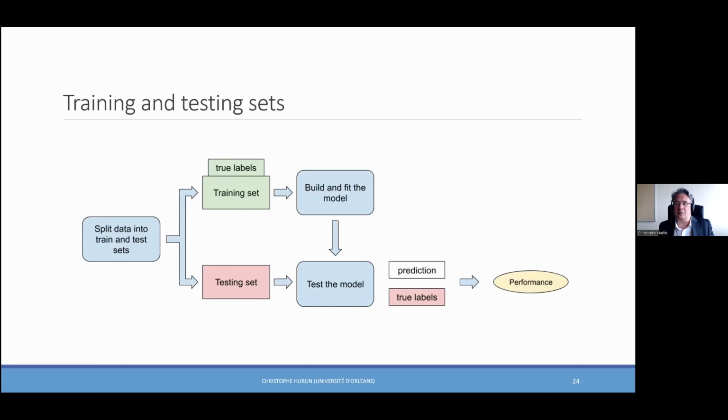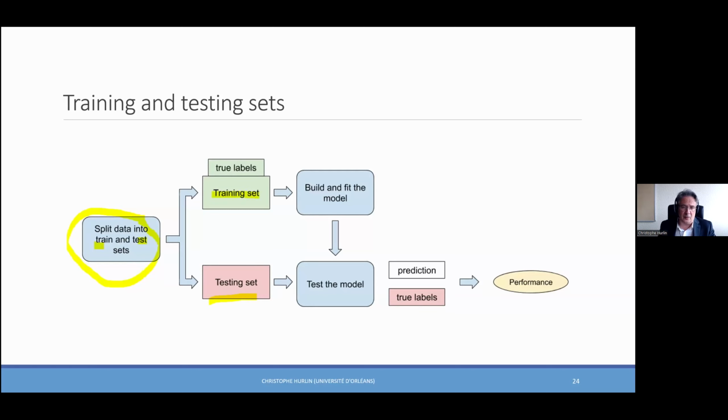So let me start with the first way to proceed in machine learning. The first action that you have to do is to split your data into train and test. You don't use your test set to train or to estimate your model. You train your model only on the training set.